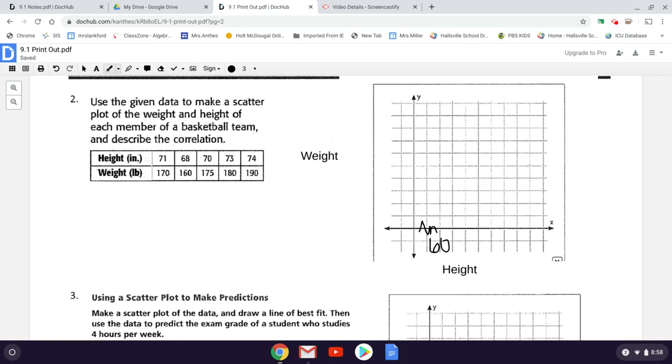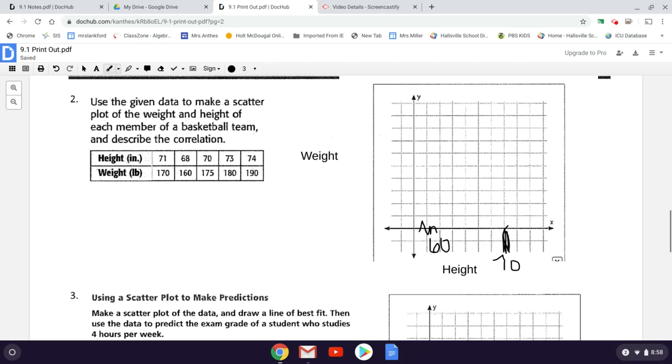You need to get up to, it looks like, 74. So you could do 2, 4, 6, 8, 10. You could have each of them going by 2. So 62, 64, 66, 68. So right here would be 70.